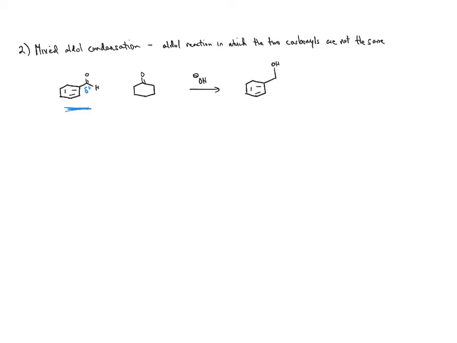So this product is, again, a beta-hydroxy carbonyl, but this time it's a beta-hydroxy ketone. But this beta-hydroxy ketone, of course, has two different pieces of the molecule formed by this new carbon-carbon bond, in which those two pieces are different.